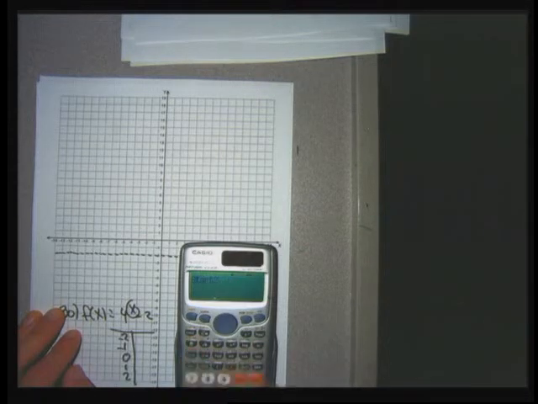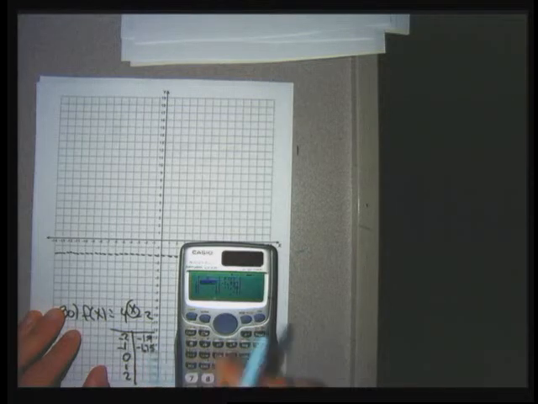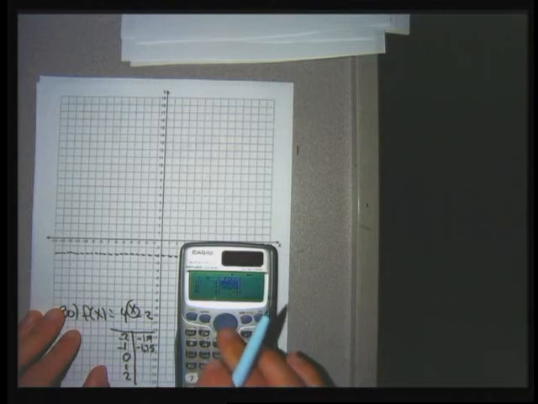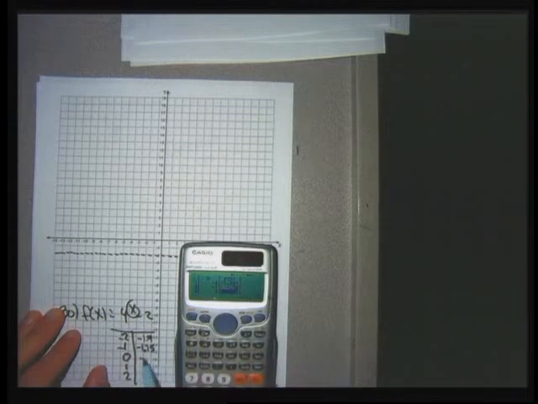Start at -2, end at +2, step 1. The first one I get negative 1.9. The second one I get negative 1.75, which I can write negative 1.8 if I care to. Third one I get negative 1. Fourth one I get positive 2. Last one I get positive 14.